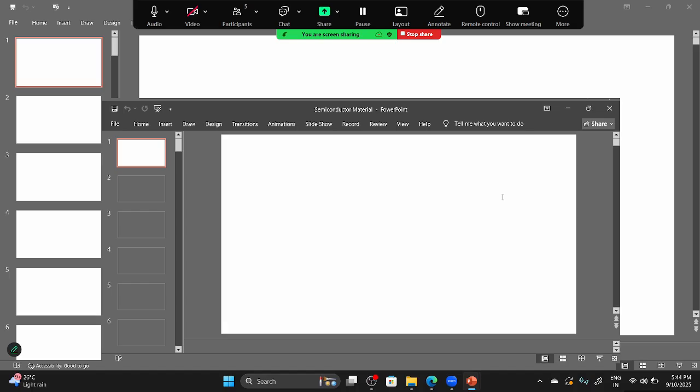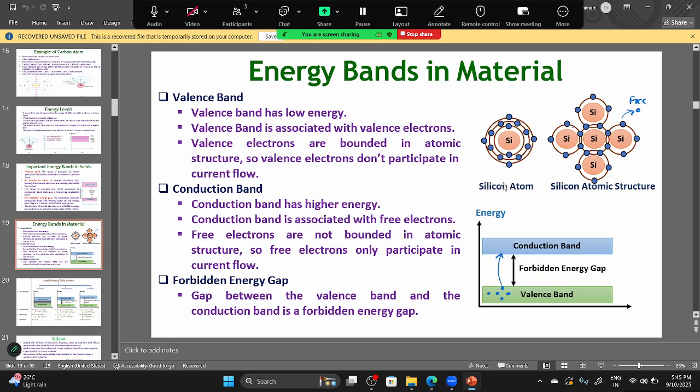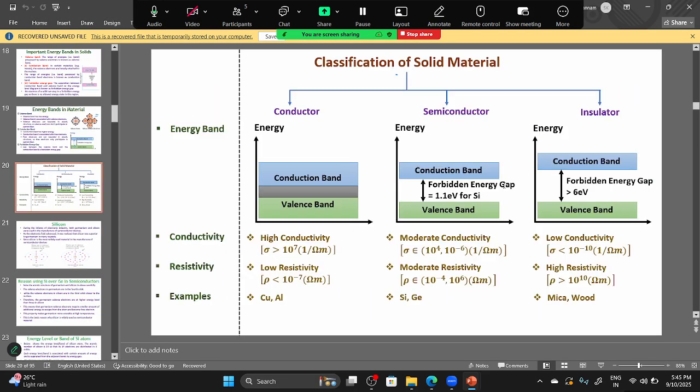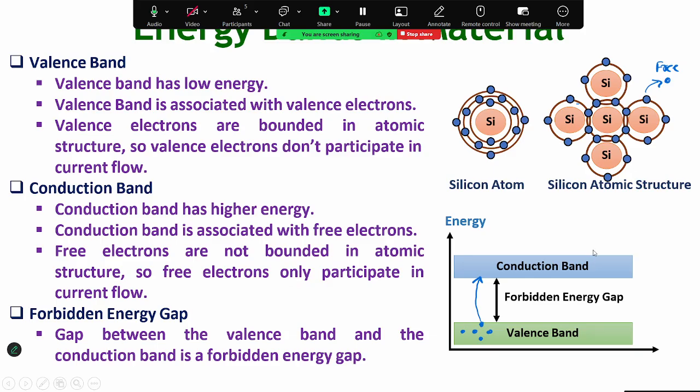That is the conduction band and valence band. Next, suppose a silicon atom is there.